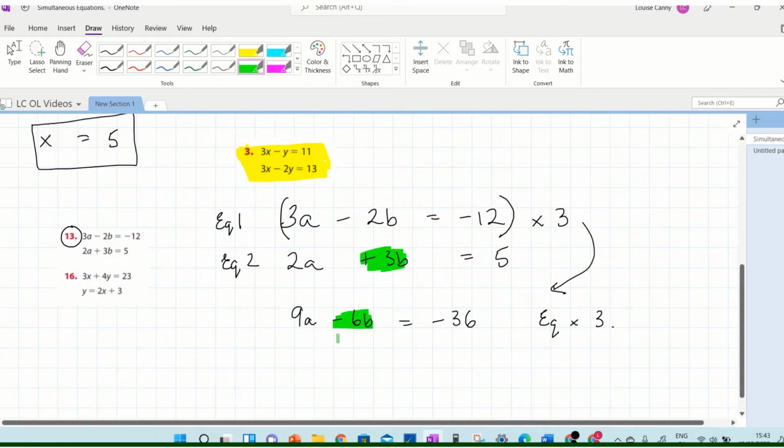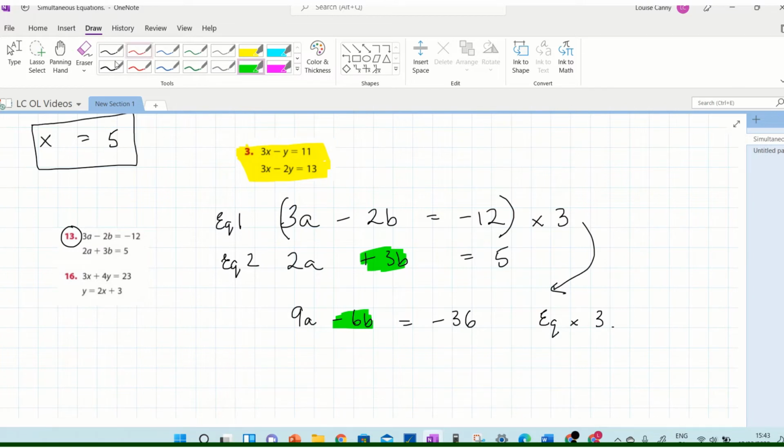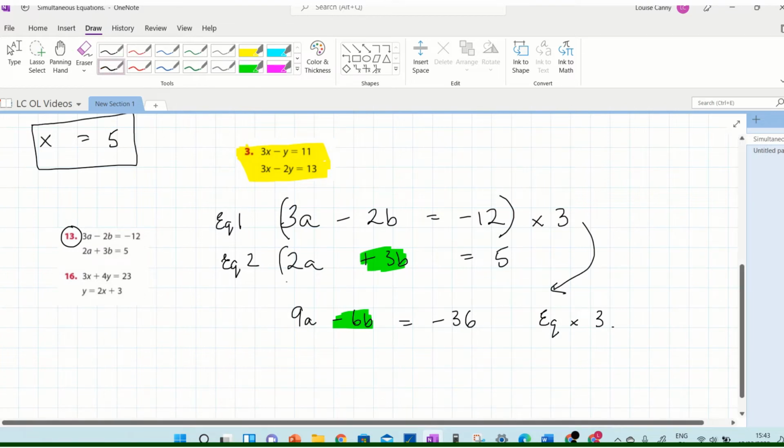So that would work, and that will cancel out my b's. So that means I'm going to take everything in equation 2 and multiply it by 2. So 2a multiplied by 2 is 4a. 3b multiplied by 2 is plus 6b. And 5 multiplied by 2 is 10.